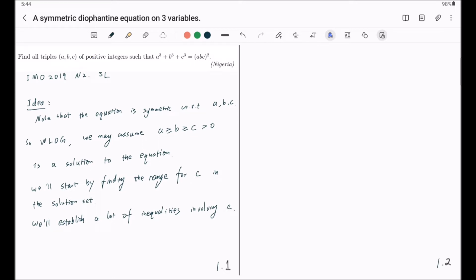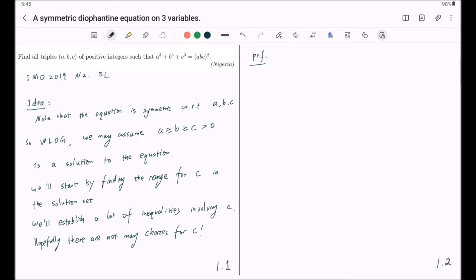You shouldn't expect too many choices for C. So it shouldn't be hard to find an inequality that gives very few values for C, such that ABC is a solution to this equation. So hopefully there are not many choices for C.